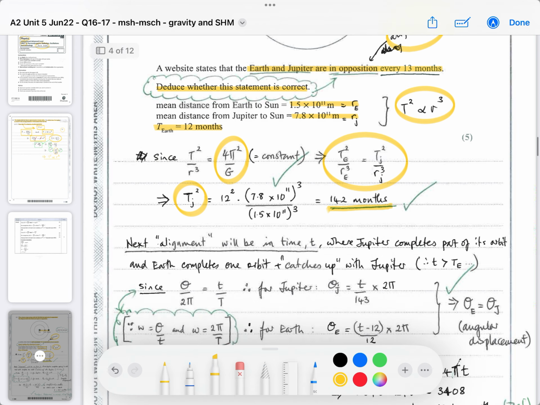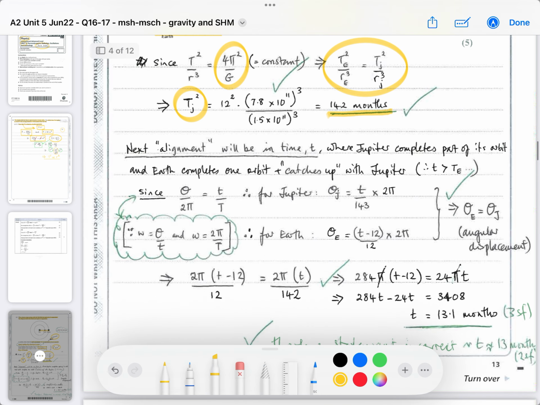I didn't check it due to not having a calculator and not having enough time. So the next alignment will be in a time t that we have to work out, where Jupiter completes part of its orbit, obviously. It's not going to take 142 months. And Earth completes its one orbit and then catches up with Jupiter.